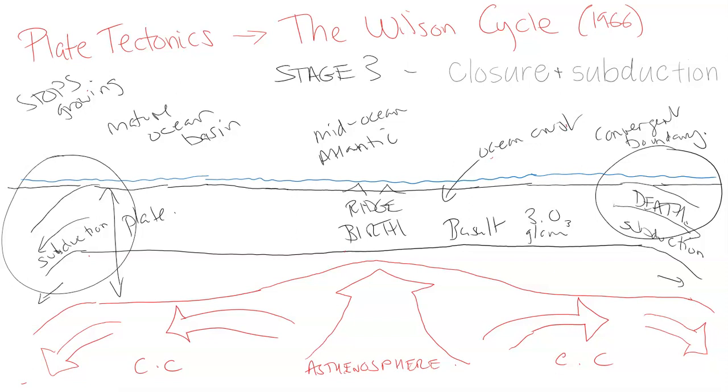Now it gets down to about 150 kilometers, which is in the low velocity zone in the asthenosphere down here. And this is where the subducting cold slab, we call it a slab, as it subducts, is going to release a lot of the water molecules that it gets from the ocean above it, and it's going to lower the melting point and allow the solid rock to start to partially melt and go over that solidus line and produce melt and magma that would eventually form some sort of volcanism on the surface of the crust.